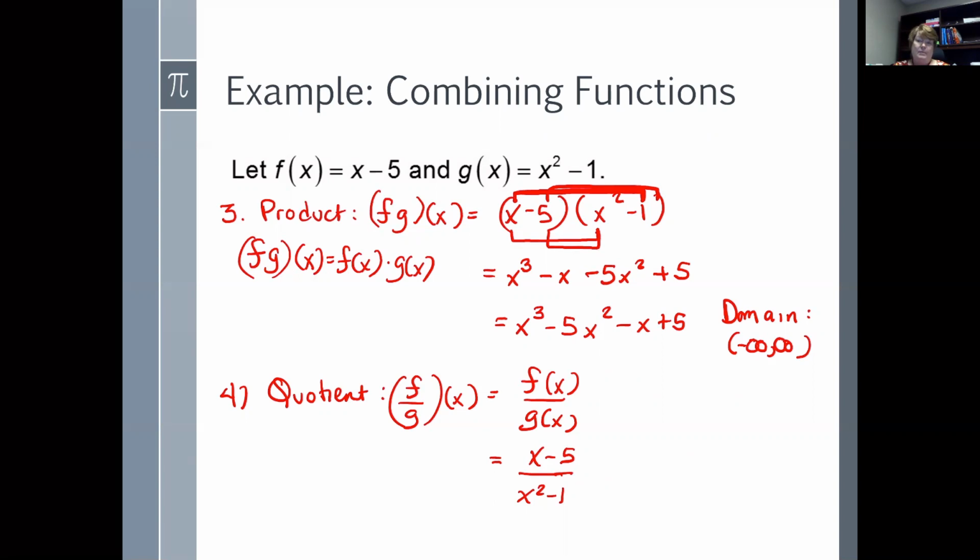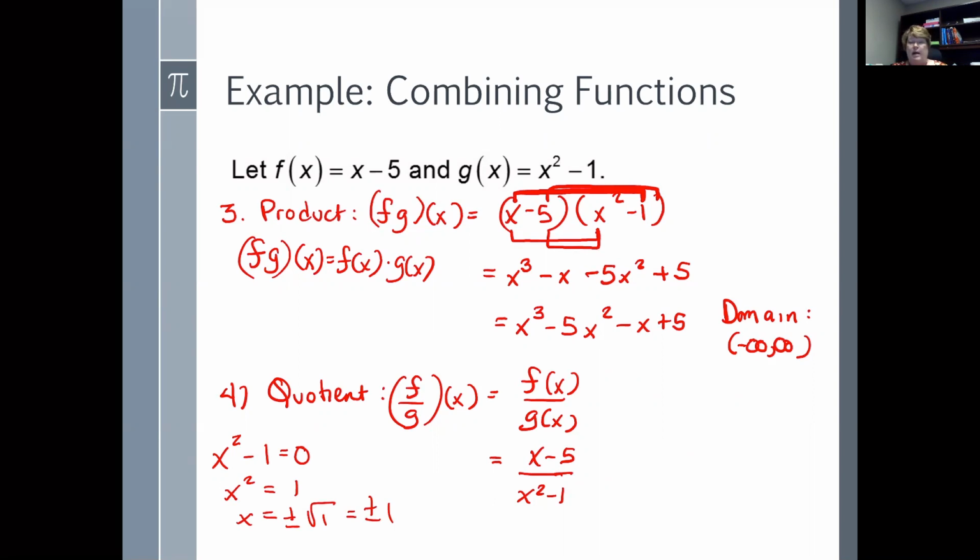But I can set this denominator equal to 0 and solve it to determine what those two restrictions are. So let's do that over here. We set our denominator equal to 0 and use the square root property. So x would be plus or minus the square root of 1, which is plus or minus 1. Those are the restrictions on my domain. x cannot equal negative 1 and x cannot equal positive 1.